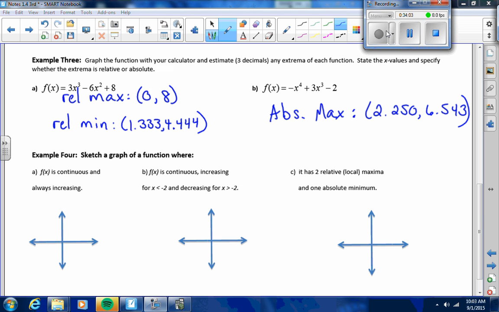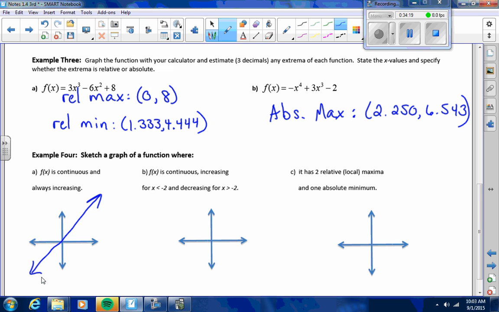For that one, what could we draw? A straight line. There you go. It's continuous. It is always increasing.